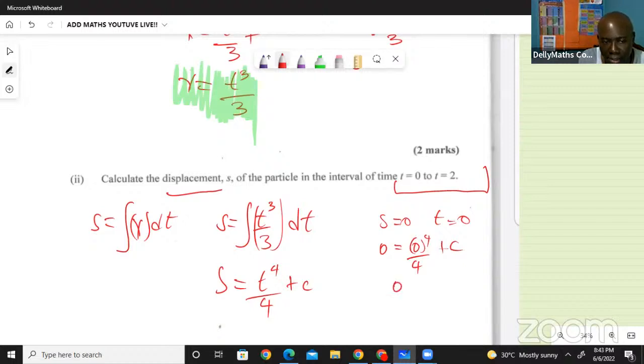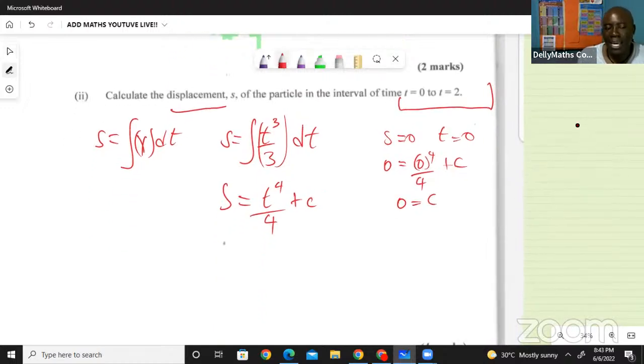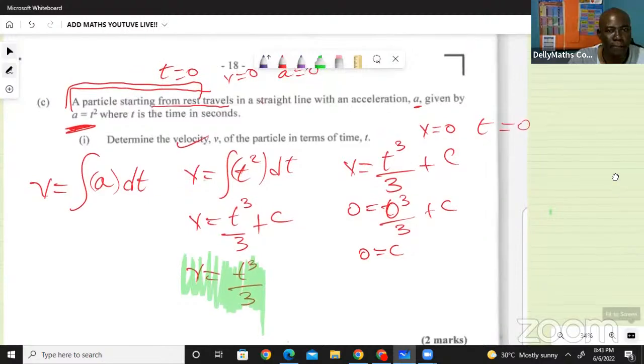And you are seeing that c is 0, which means that I could confidently write my displacement function as t to the 4th over 4. I don't have to put no plus c. C is 0. This is my displacement as is.